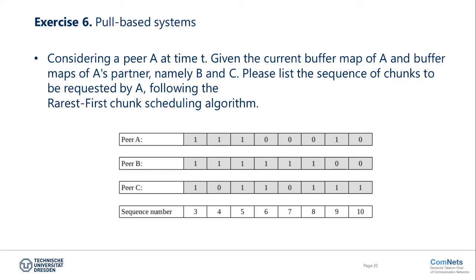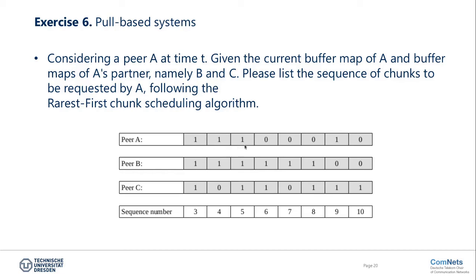So let's start. From the video buffer map, we know which video packets are already available at peer A, and therefore peer A doesn't have to request those video packets anymore.